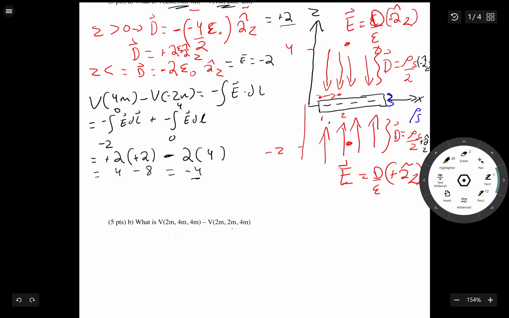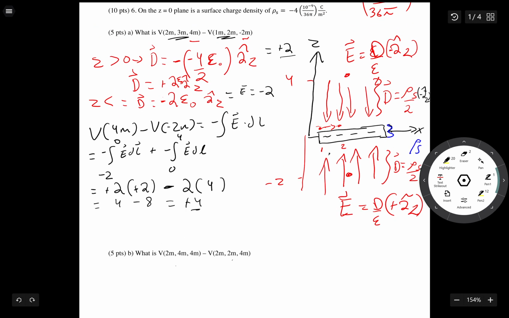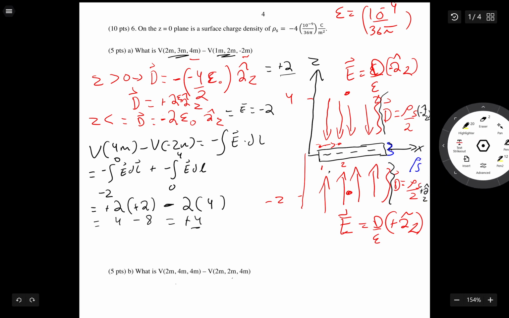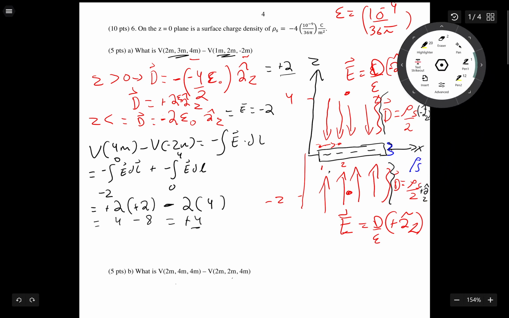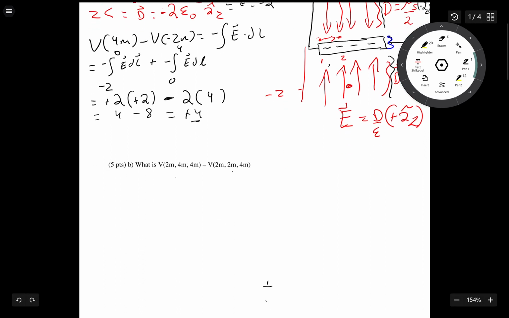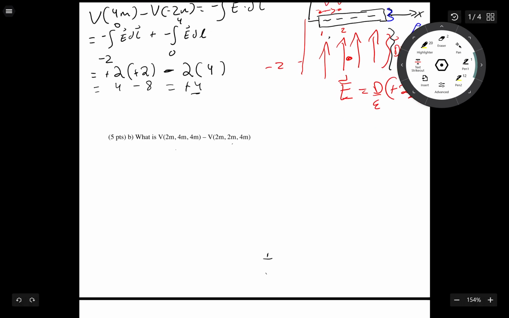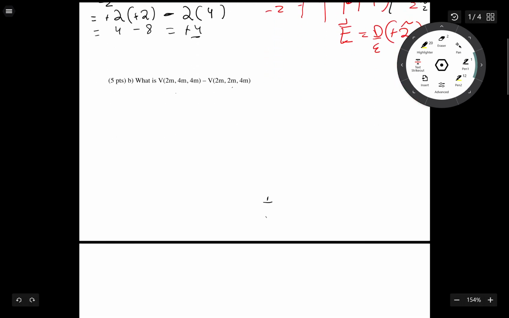So let's move on. This should have been a positive 4. I believe I've made a mistake somewhere, either doing my integration, because it has to be positive. But I can later make another video and come back to this, where I will do the correct solution and post it.